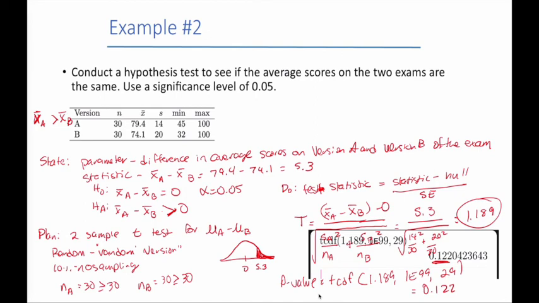So what is our conclusion? I'll write the conclusion up here. All right, interpret the p-value if our null is true, which is to say that mu a, that's a mistake that I made.